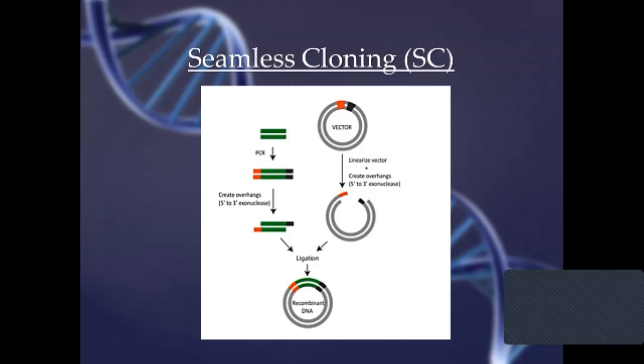The advantage of ligation independent cloning and seamless cloning over the restriction enzyme based cloning is it allows insertion of more than one DNA fragment into a vector. In addition, when you find an internal restriction enzyme site on your DNA fragment, you can use ligation independent cloning or seamless cloning as an optional cloning method.